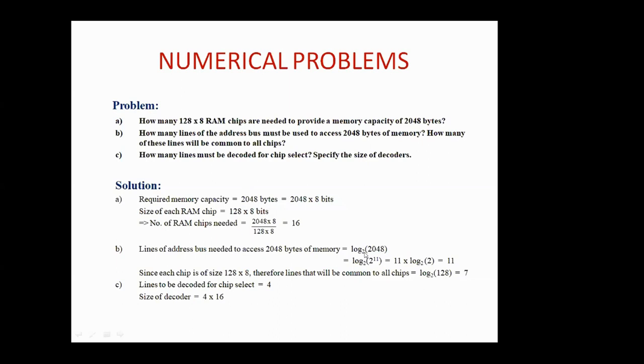So log to the base 2 of 2048, we can directly calculate, or you can do it stepwise. 2048 can be written as 2 raised to the power 11. We know that log of m raised to the power n is equivalent to n log m, and log 2 to the base 2 will be 1, and the answer is 11.